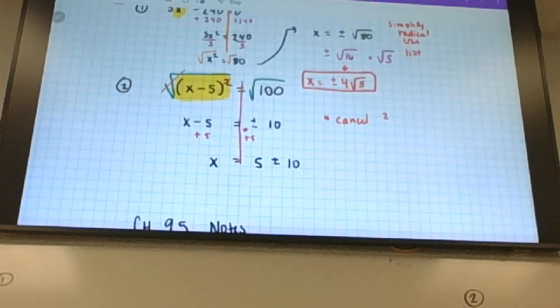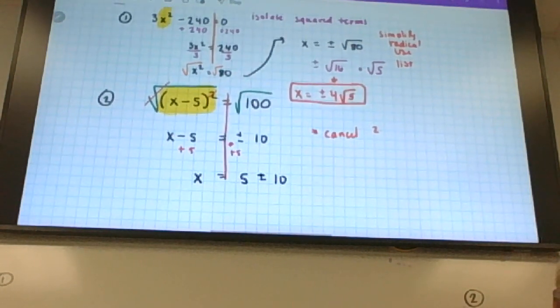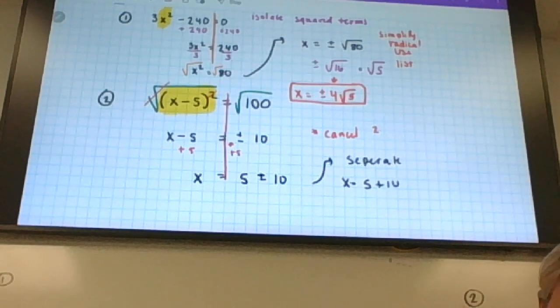So this is where we would separate it. It's 5 plus 10, or it's 5 minus 10.